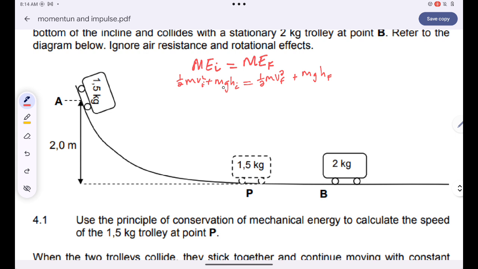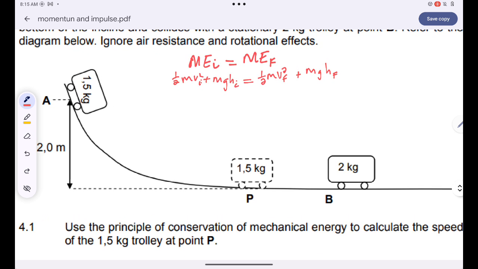The m represents the mass of the object. V represents the velocity of the object, and g represents the gravitational acceleration. h represents the height above the ground, or above the surface rather. Are you together? So initially, the 1.5 kg was at rest.